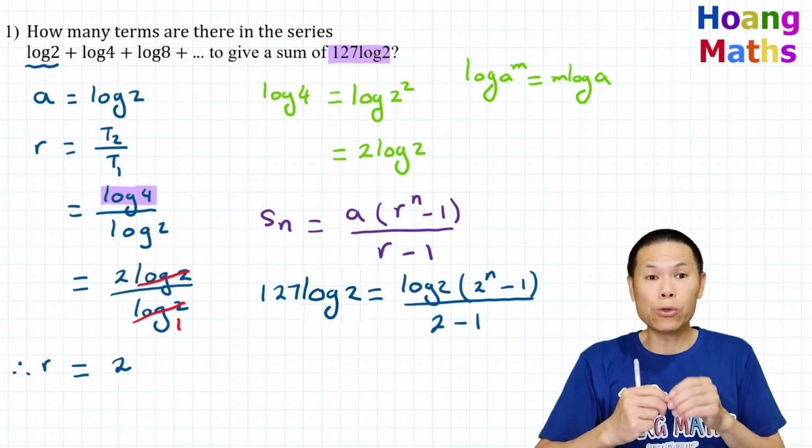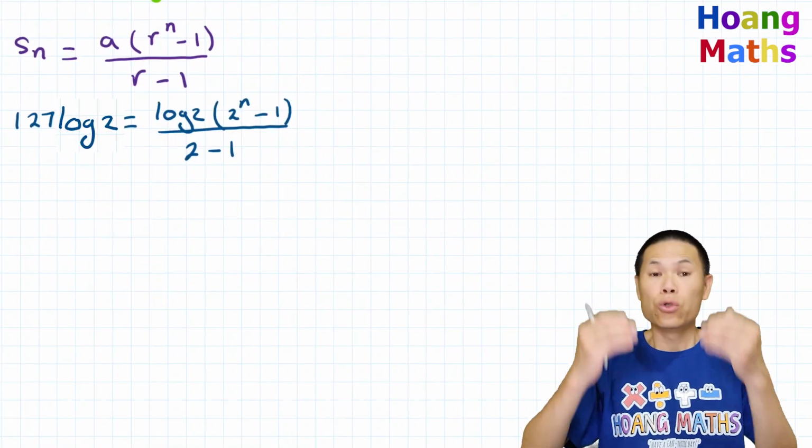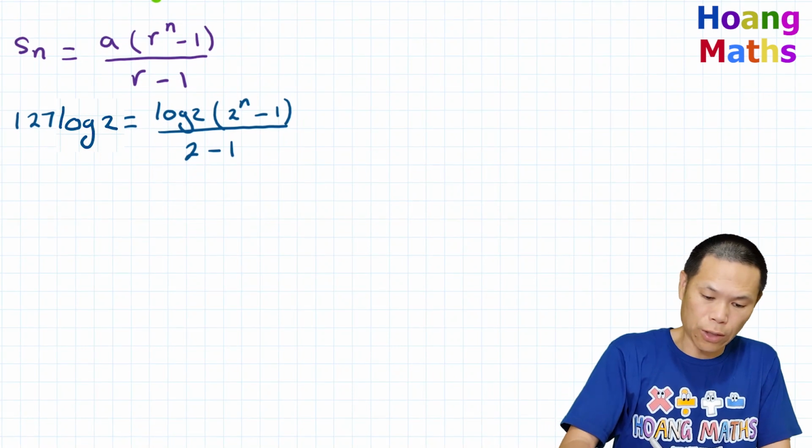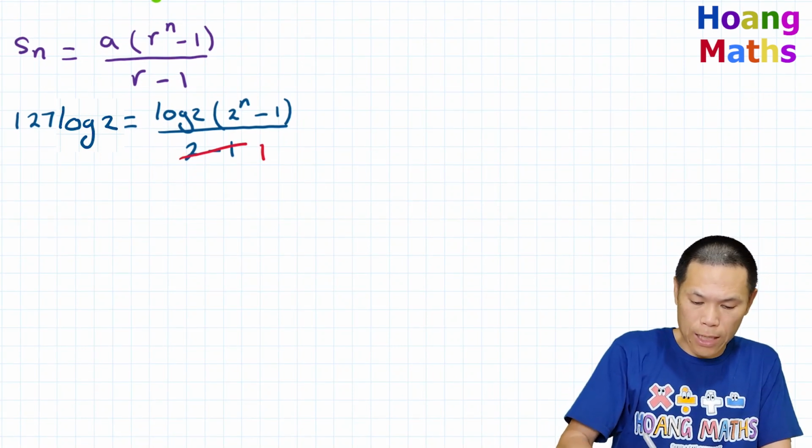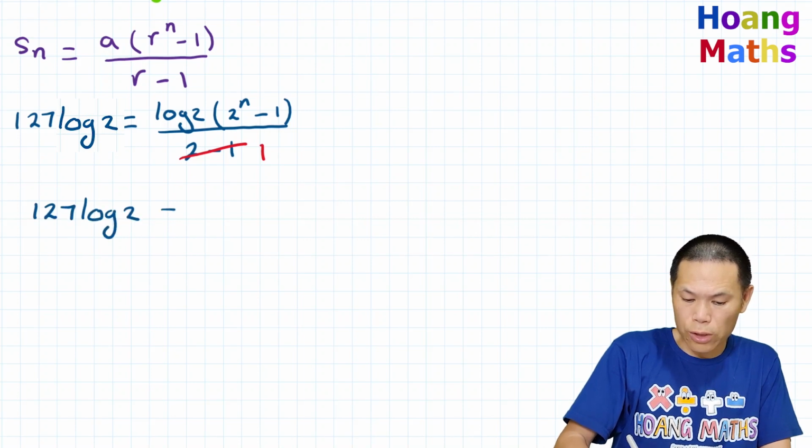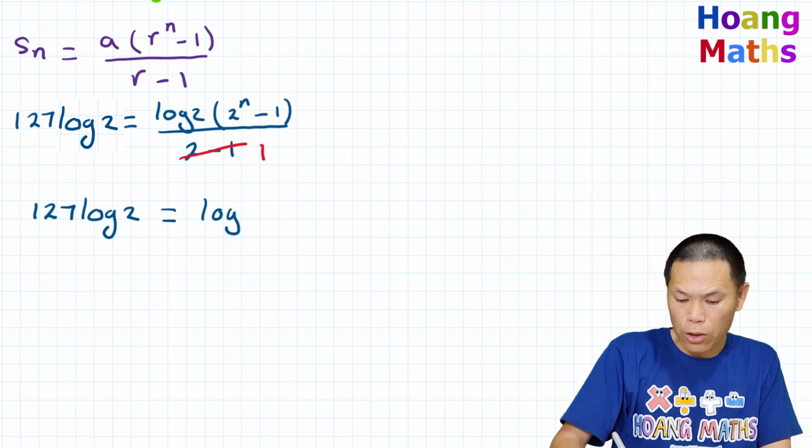Now what we need to do is just solve this equation. 2 minus 1 is 1, so therefore this is 1. On the left hand side, 127 log 2 is equal to log 2 times 2 power n minus 1.